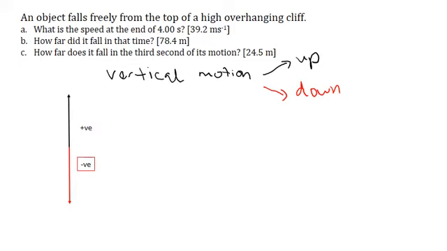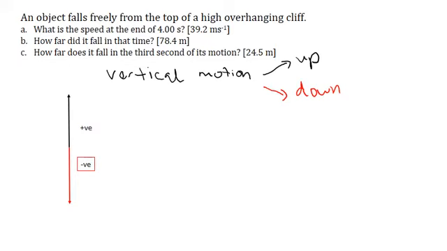Now, since we are dealing with quantities like displacement, velocity, and acceleration, which are vector quantities, these vector quantities are sign sensitive or direction sensitive. So the direction of the vector is important to us. And since in vertical motion we have either upward or downward motion, we need to assign one direction to be positive.